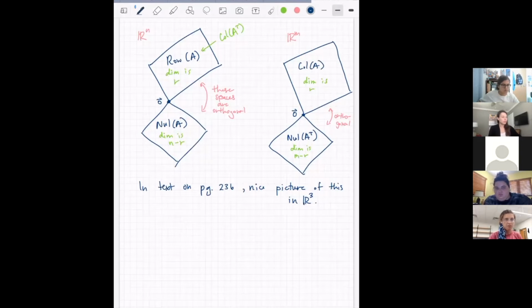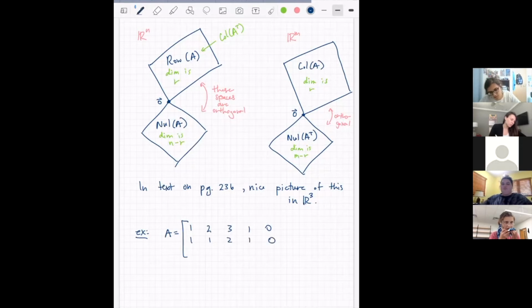All right. How are we doing? Okay, let's do an example. We're going to find a basis for each of these spaces. Really the important ones are the row space, column space, and null space, so we'll focus on those. Say we have a matrix A: 1, 2, 3, 1, 0, 1, 2, 0, 1, 2, 3, 1.